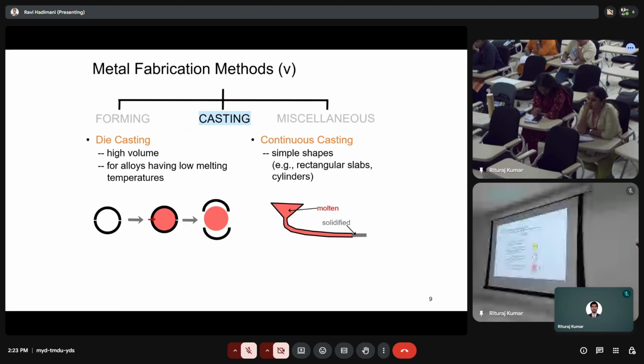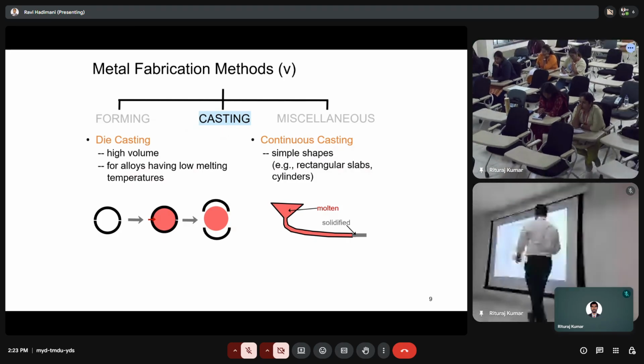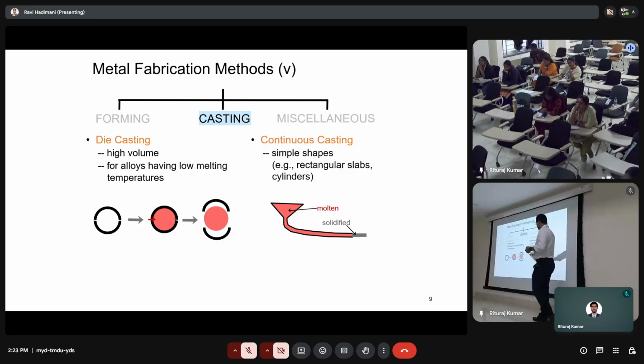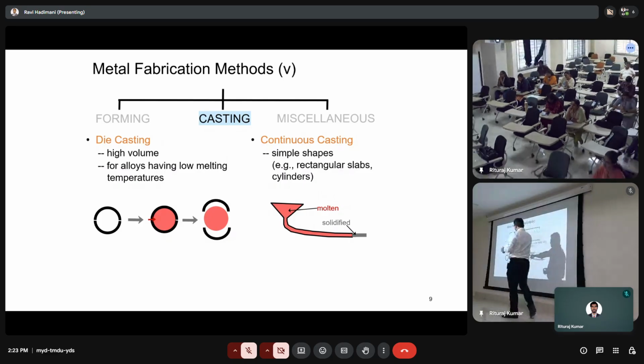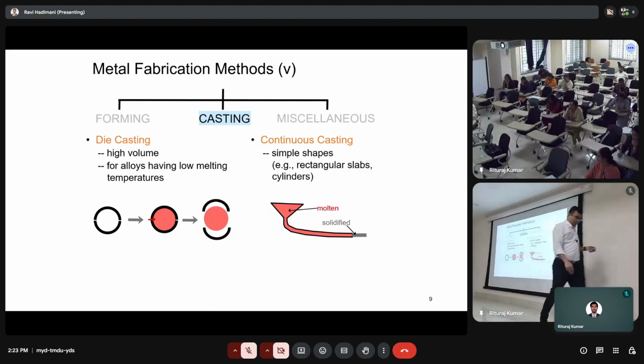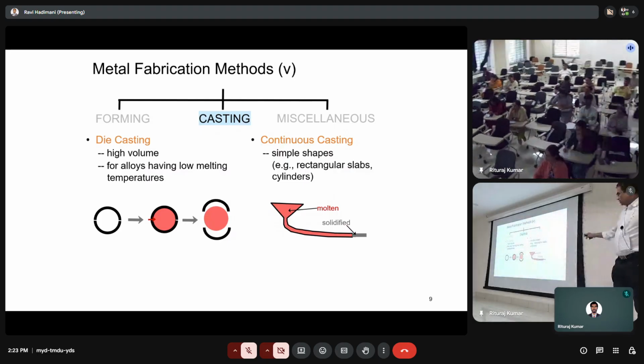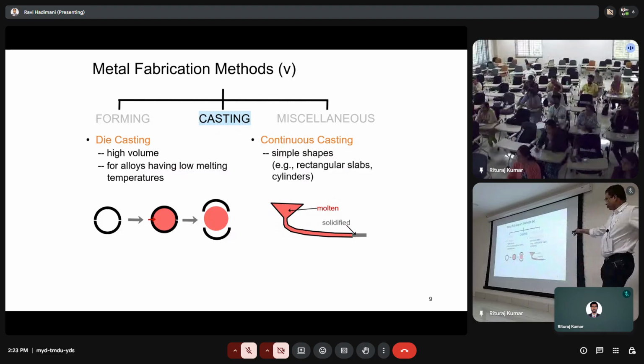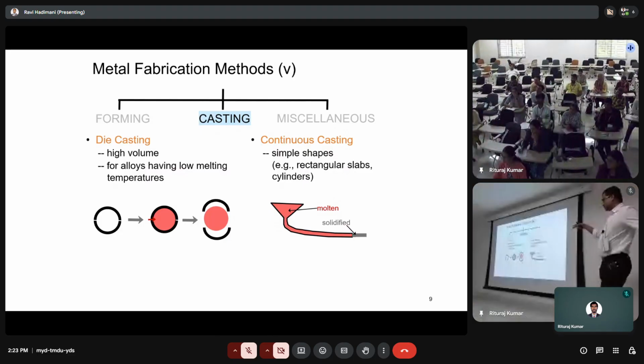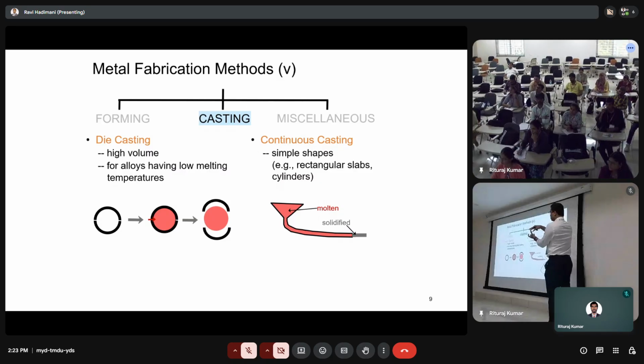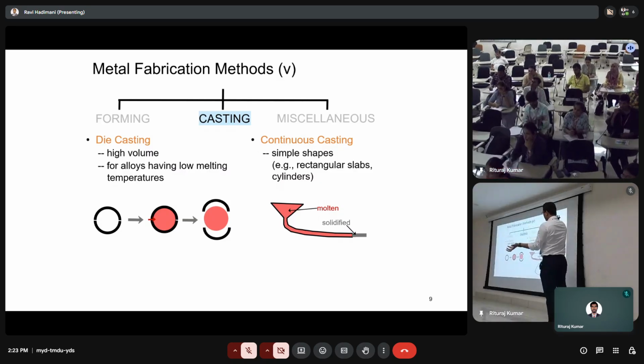And then there is die casting, which is used for high volume. Usually automobile parts, especially aluminum, are done with die casting, wherein you put the molten metal in two dies. Usually there are two parts, and you fill it and you separate it.